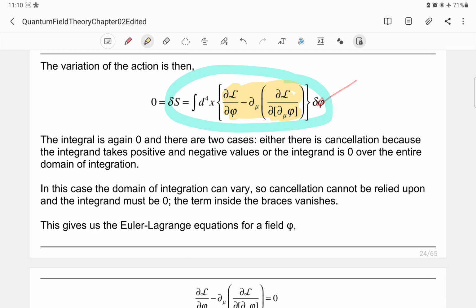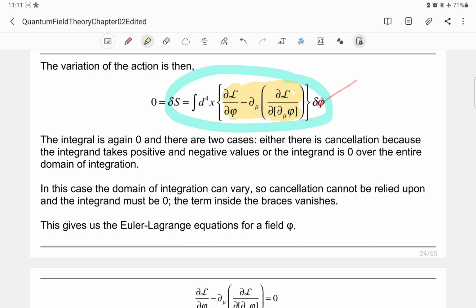But the cancellation of the integrand is not really always possible, because we have a change in the field phi, which is arbitrary.